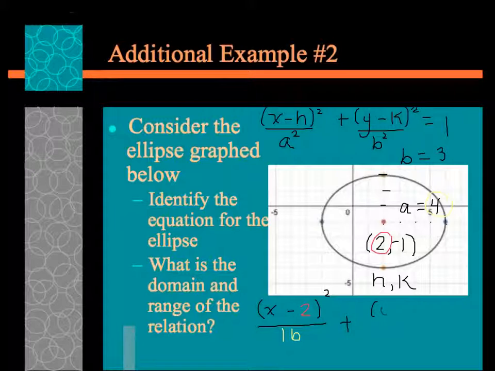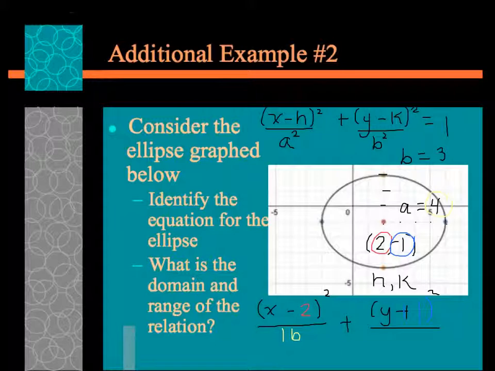K, we know, is the y-coordinate of the center. And we can see the y-coordinate of the center is -1. So we're going to put a -1 in here for k, which makes this y plus 1 quantity squared over b squared.